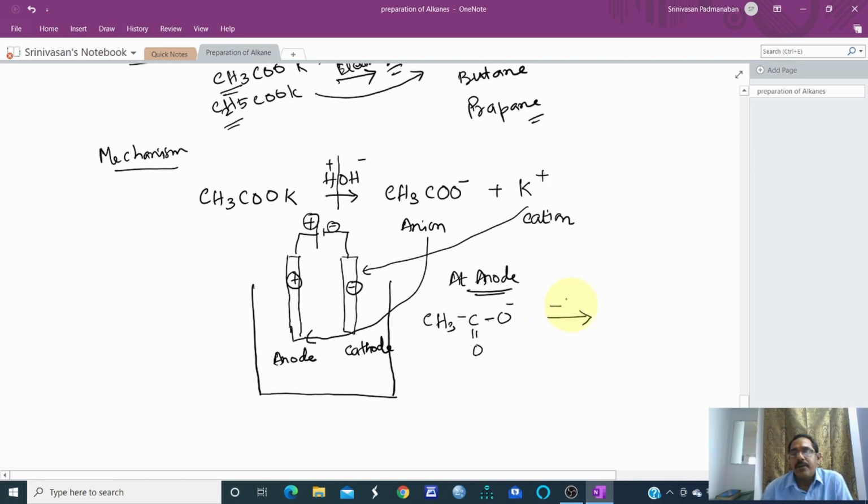It loses an electron. It loses an electron, and what will it become? CH3, C double bond O, oxygen with 1 electron. See, this minus means 2 electrons. Out of these 2 electrons, it loses 1, so 1 will be remaining. So this is a species with 1 electron, and a species with 1 electron is called a radical.